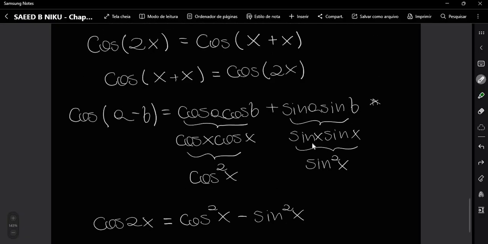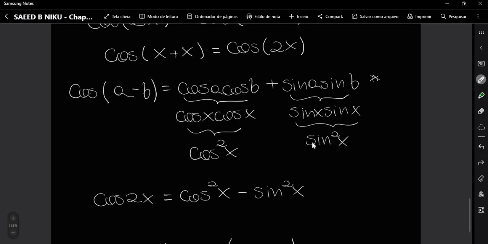I did this because I thought we would obtain the identity here, but the identity is cosine squared plus sine squared, which is equal to 1. Here it is cosine squared of x minus sine squared of x, and this is not the identity.